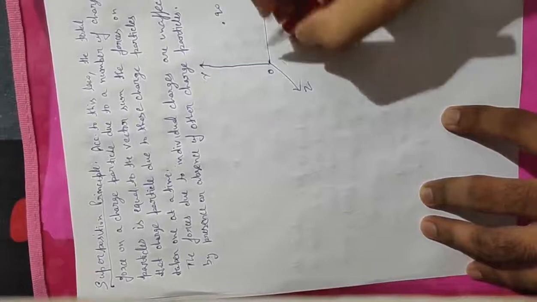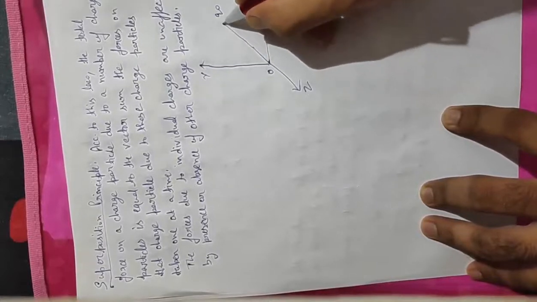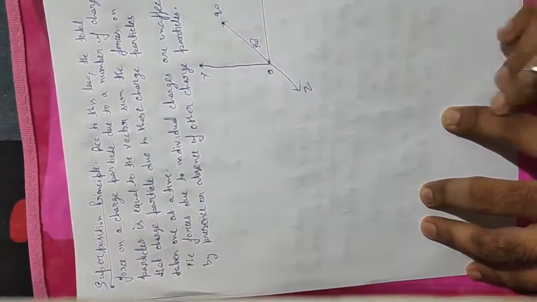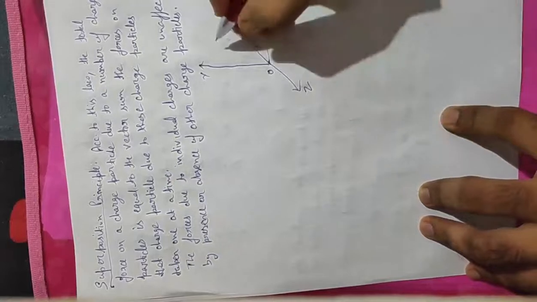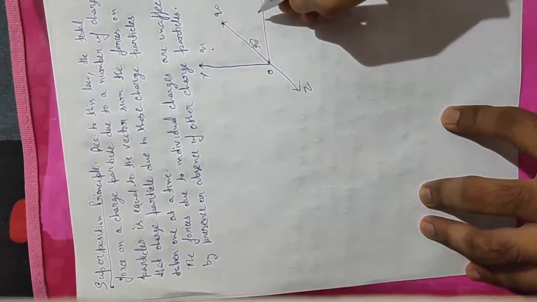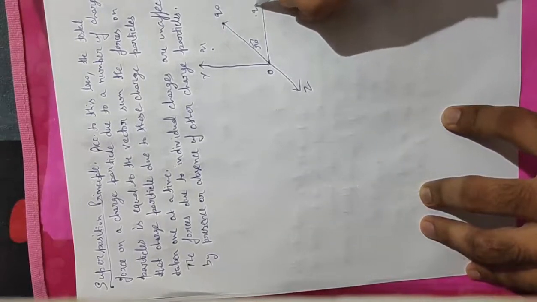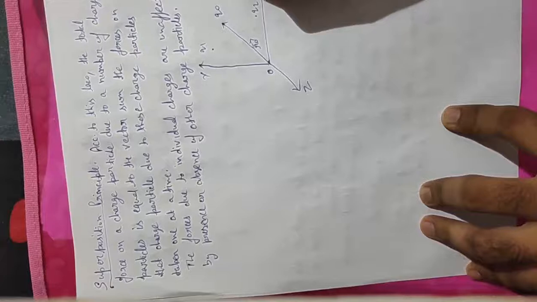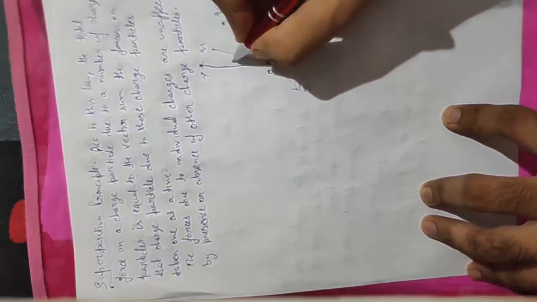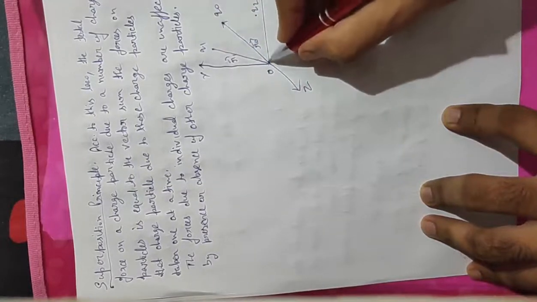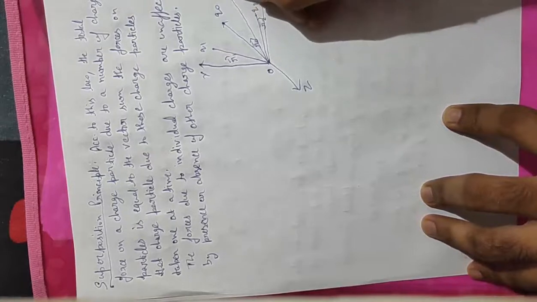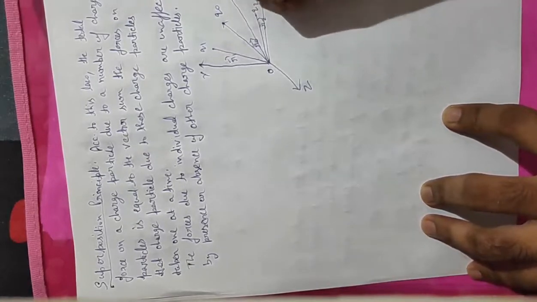Q naught is at position vector R naught. Next, we will consider another charge particle Q1, Q2, and Q3. These are at respective position vectors R1, R2, and R3 as shown in figure.